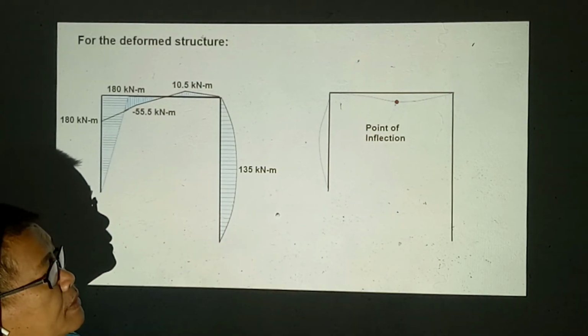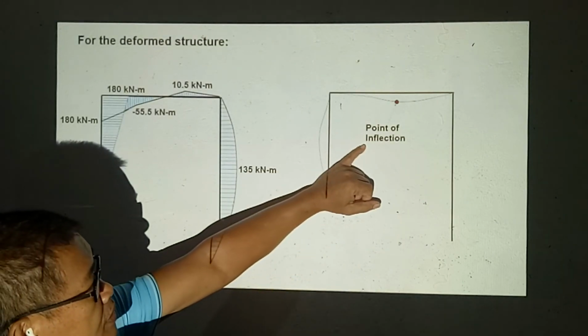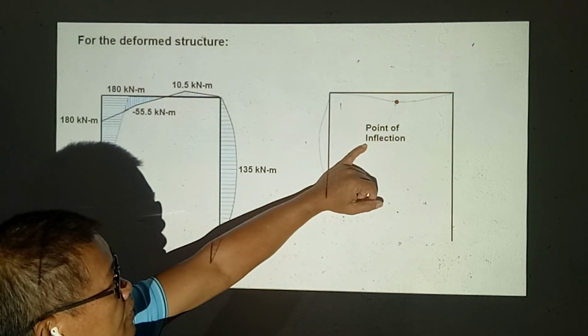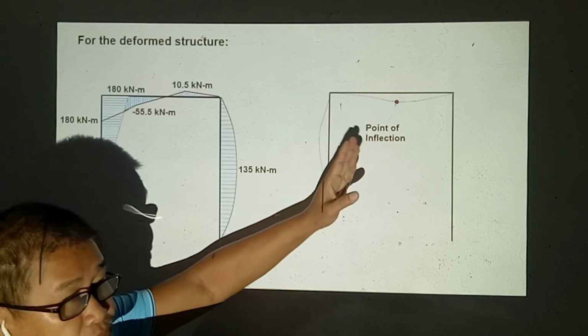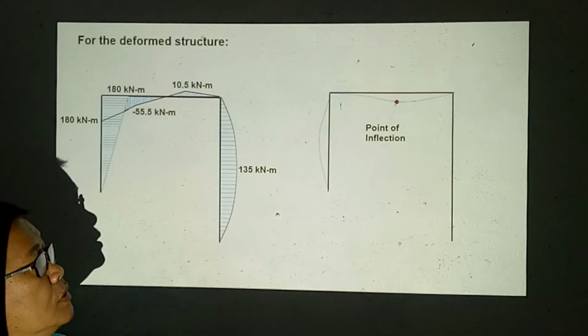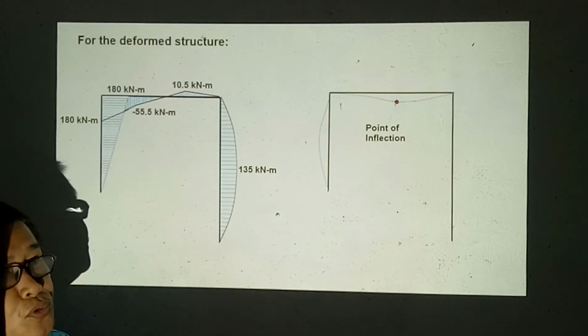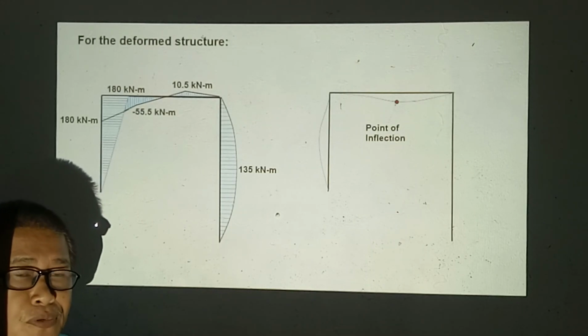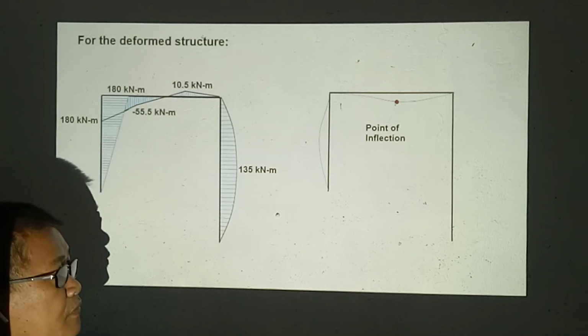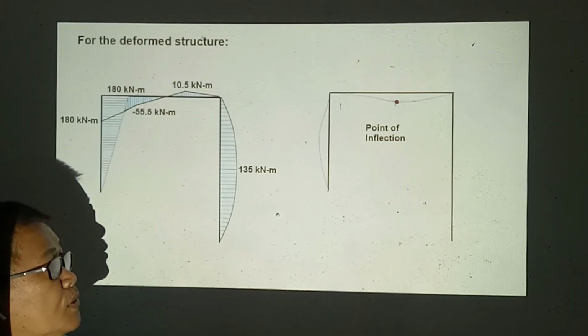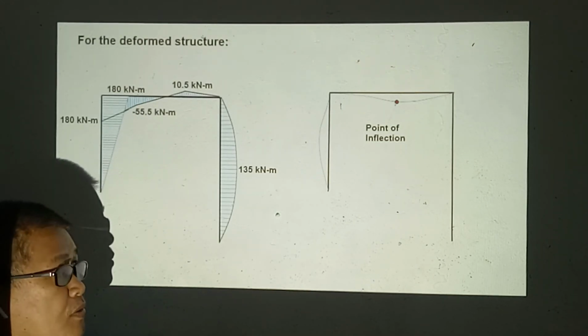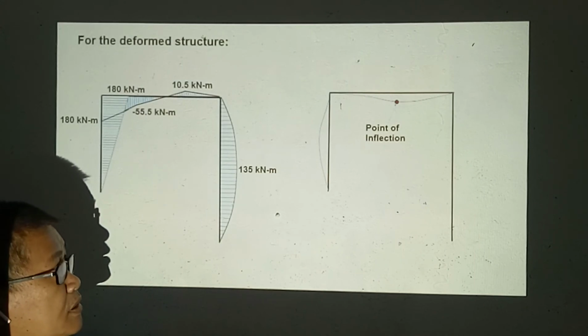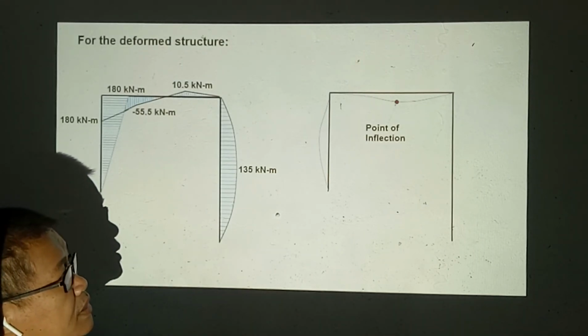beam. So that's the important consideration that we have to take for the actual location of the point of inflection, so that we can have an idea as to where to splice or where to stop pouring the concrete. Splice reinforcements for beam, column, beam reinforcements, or maybe splices for steel beams.